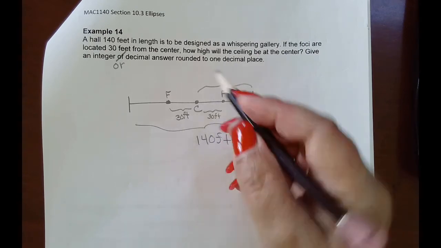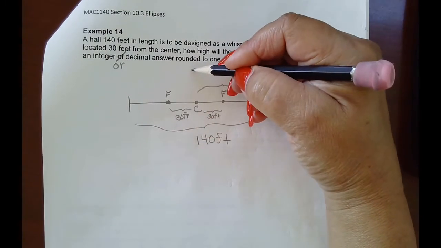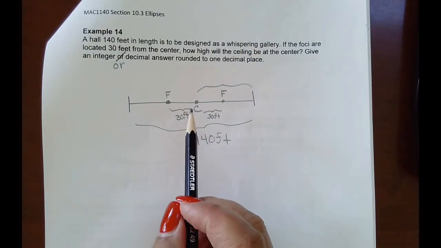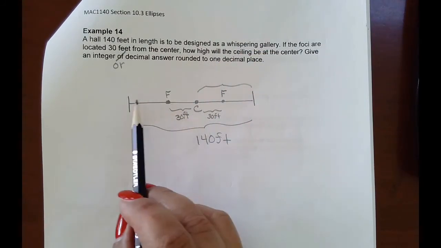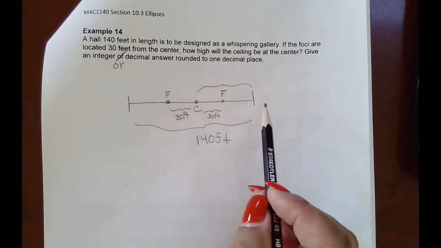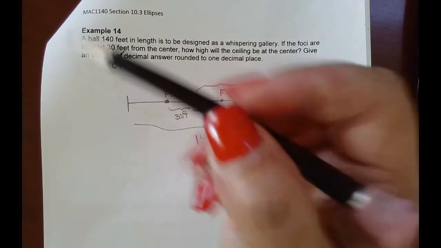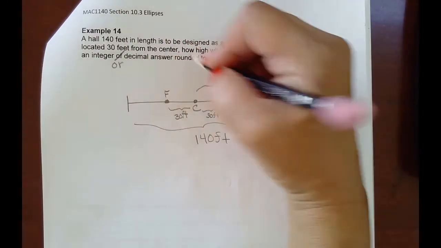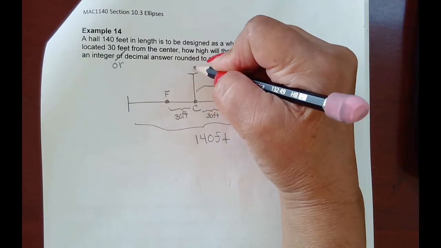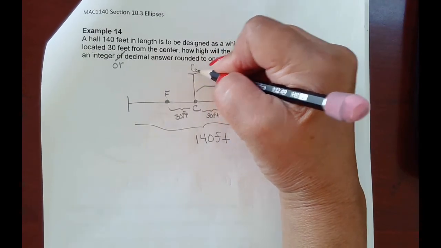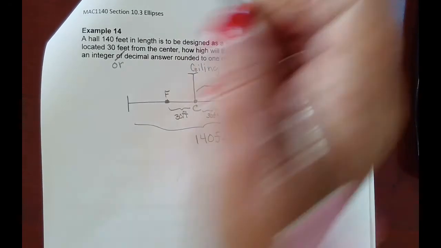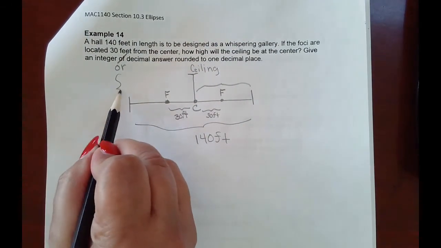But if you go in the perpendicular direction, as opposed to where the foci and the two vertices are located, then that's the B value. So you want to know how high up from the center the ceiling should be, and you're really just looking for this B value right here.